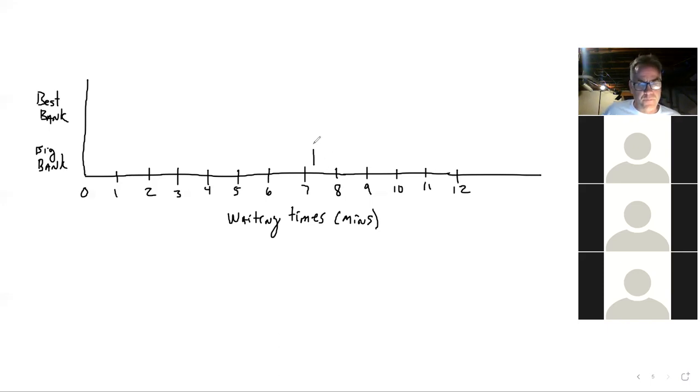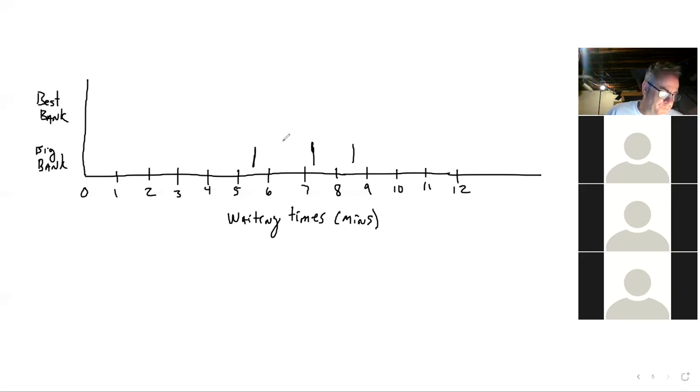All right, a little bit longer. Now for Big Bank, the upper quartile, or third quartile, was 8.5. So that would be halfway between these two, about right there. And the lower quartile was 5.6, so that would be roughly about right there.